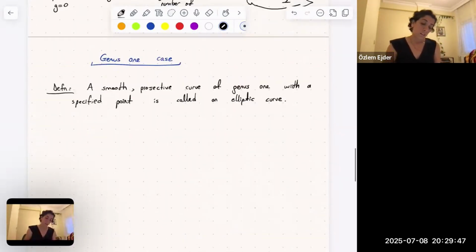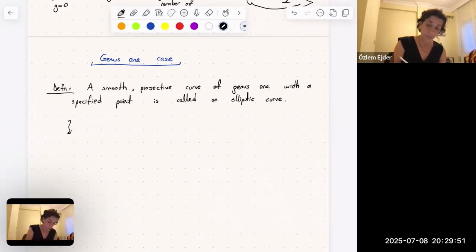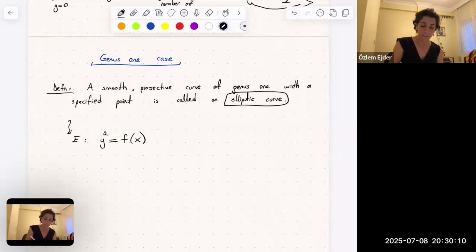So if you have such a curve and such a point, you can always put it in the following form. The elliptic curves, I'm going to write them not by C, but instead by E. They're given by the zero set of y squared equals f of x, where we have some conditions on f.